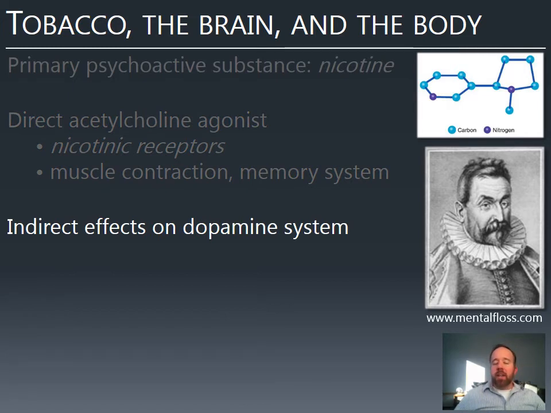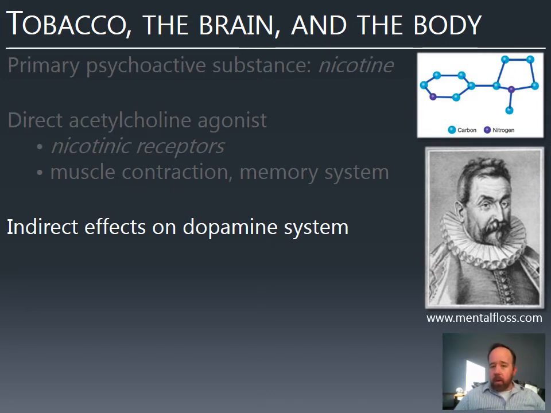Nicotine also has an indirect effect on the dopamine system. It takes a couple of steps, but dopamine is released in greater quantities when nicotine is present. We're not going to go into the details, and in fact they weren't clear until somewhat recently. But dopamine is released, and it's thought that dopamine is the reason why nicotine is as reinforcing as it is. Again, we don't want to make the simplification of dopamine equals reward, but dopamine is involved in reward processing.